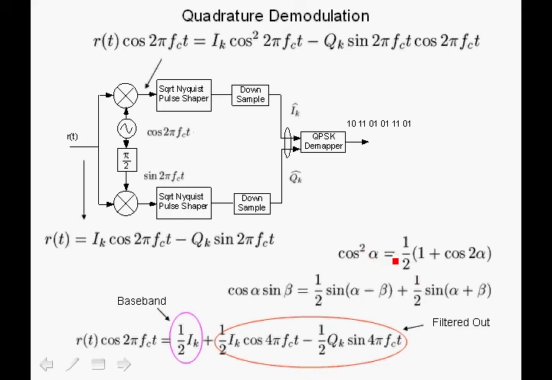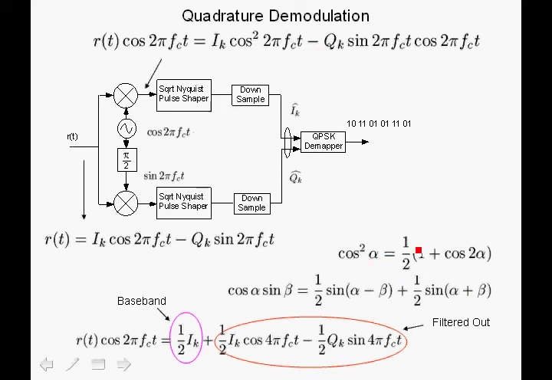Cosine squared of alpha is expressed as 1/2 times (1 plus cosine 2 alpha), or double the angle. Cosine alpha times sine beta, which we have a term over here, is equal to 1/2 sine of alpha minus beta plus 1/2 sine of alpha plus beta. So if we use these trigonometric identities in the expression above, let's focus on the cosine squared alpha term.